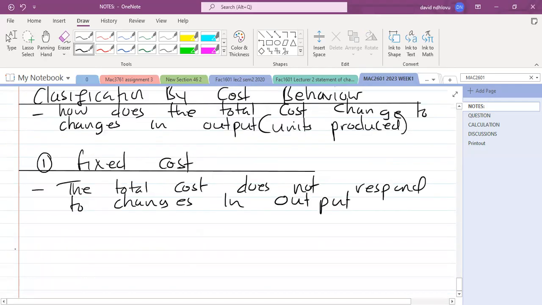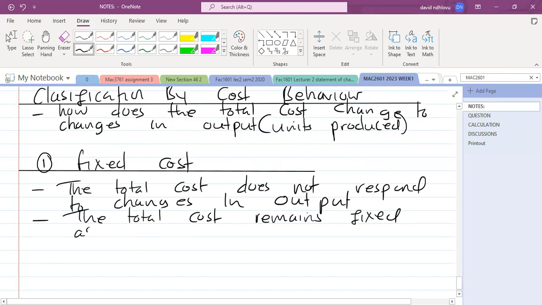Output. The total cost remains fixed as output changes. So it doesn't matter what is happening to output, the cost remains the same.